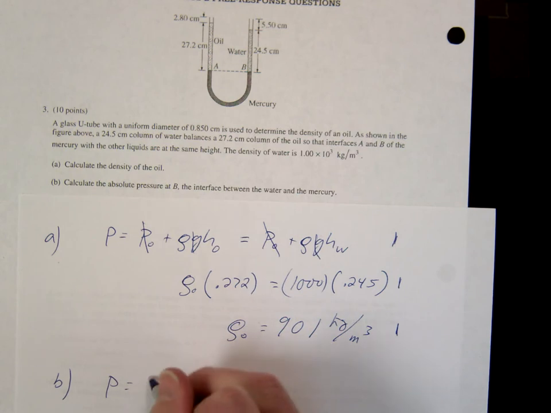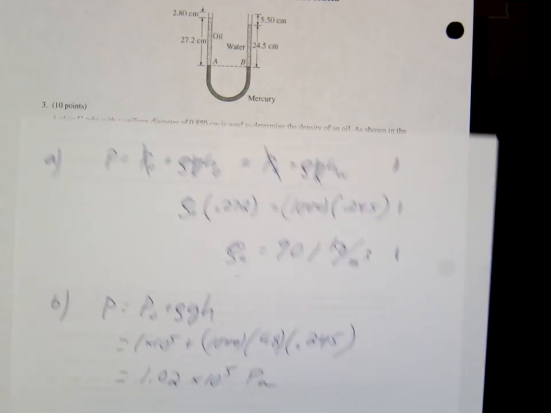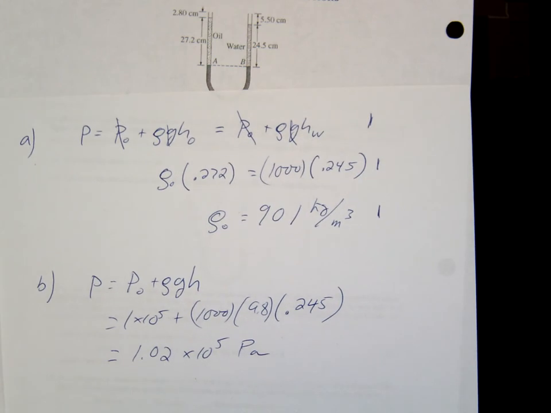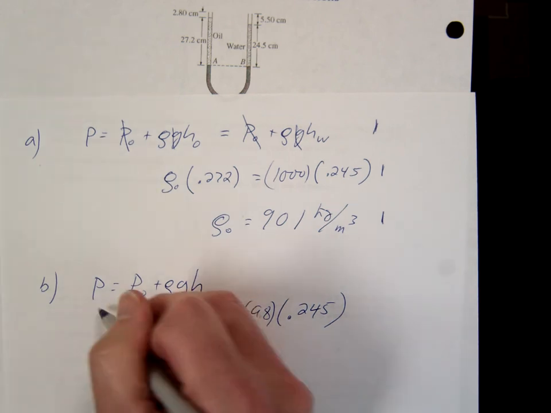So this would just simply be the equation, right? Rho G H. So this would be 1 ATM, that's 1 times 10 to the 5th, plus 1,000 times 9.8 times 0.245. Okay? So you should have gotten 1.02 times 10 to the 5th pascals. So this is our absolute pressure.